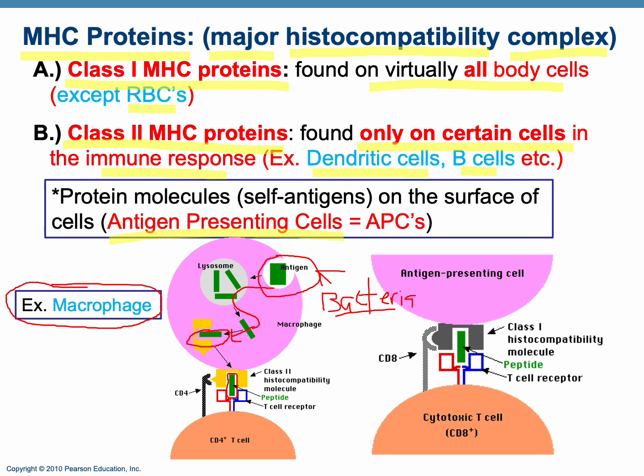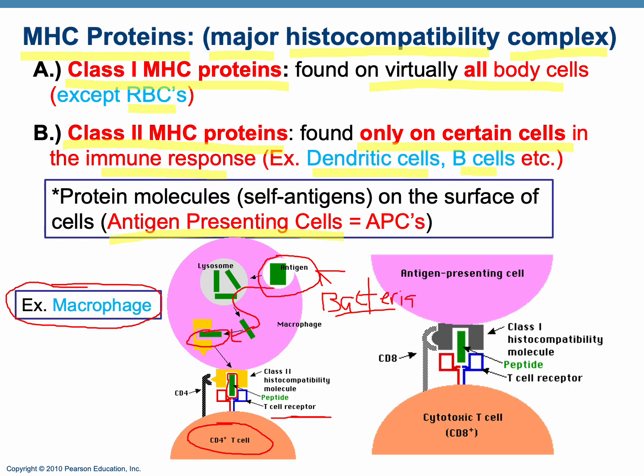But then along comes the CD4 cell. A CD4 cell, it's a T cell, right? And it has a receptor site. This receptor can dock right where the class 2 MHC protein is that contains the peptide fragment of the bacteria.